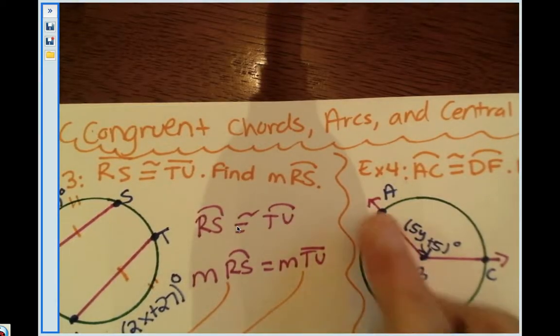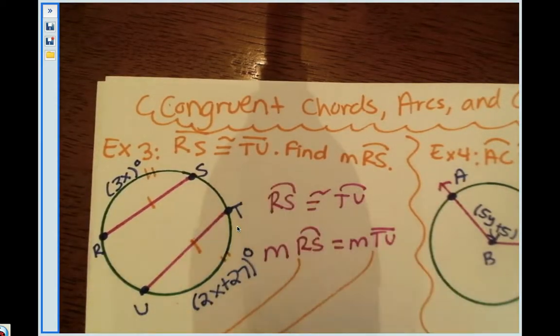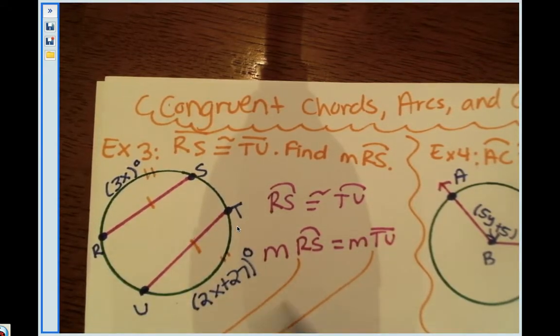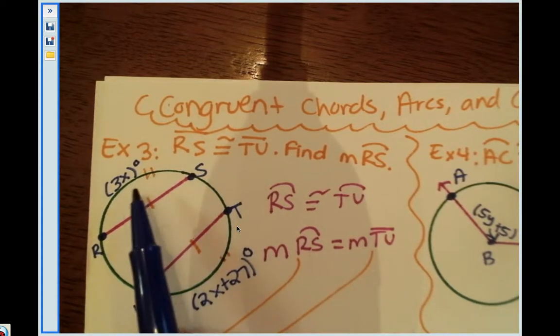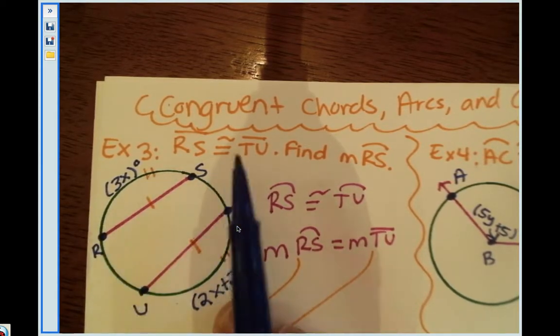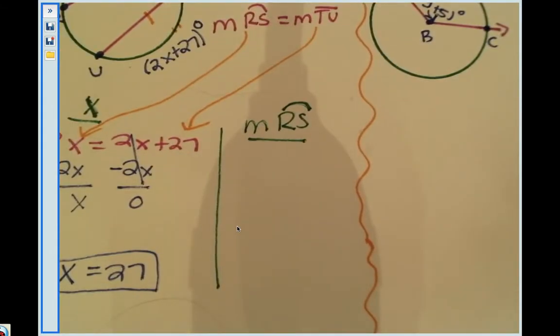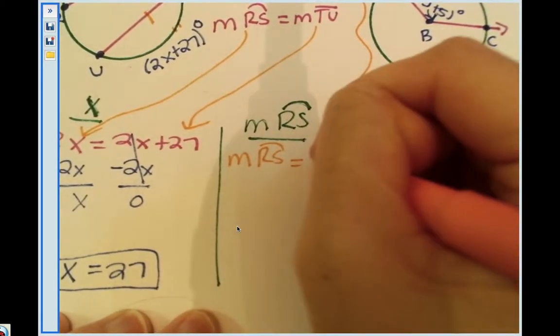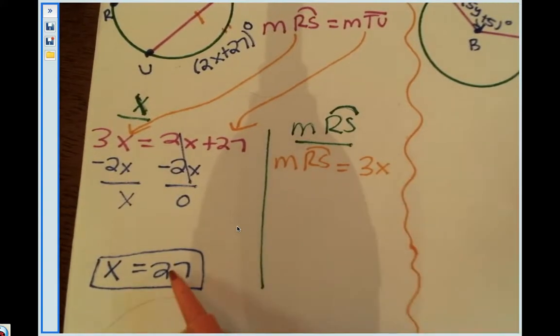It says to find RS, which, guess what, you guys? Arc RS contains an x in it. So I can substitute an x to help me find what arc RS equals. Okay? So I know that the measure of RS equals 3x. Okay, so using x, I'm going to substitute 27 in for x, and that will help me solve.